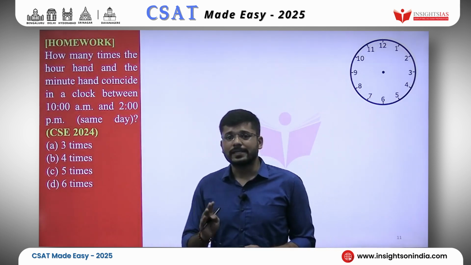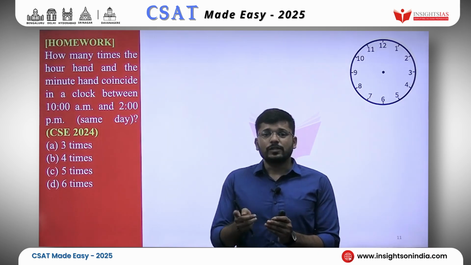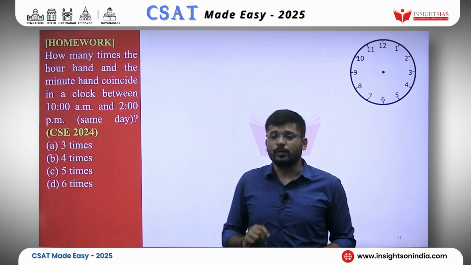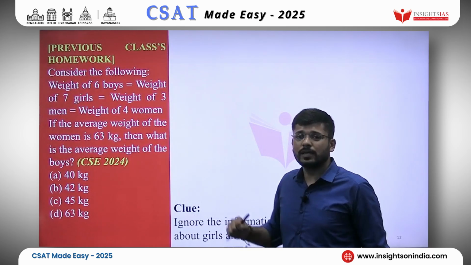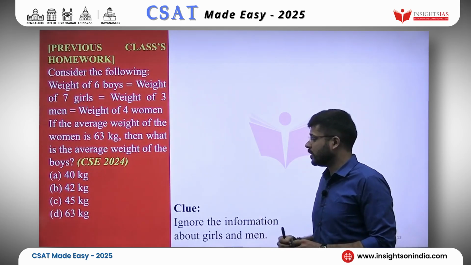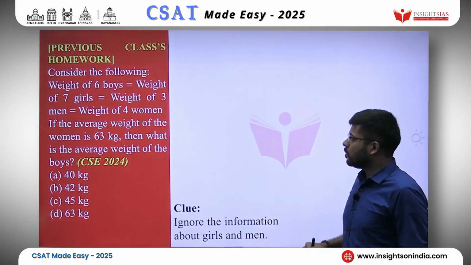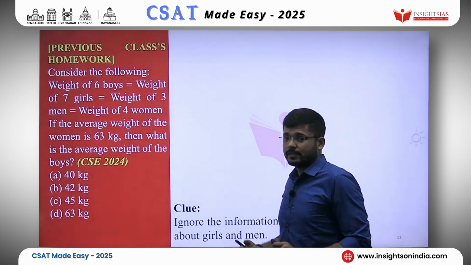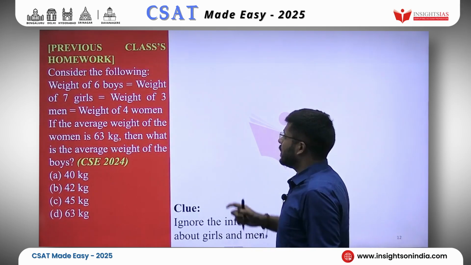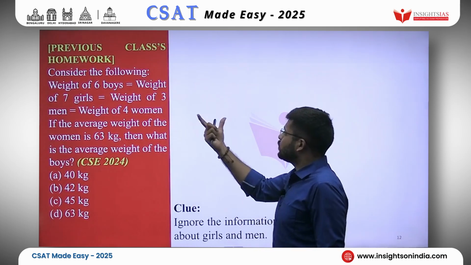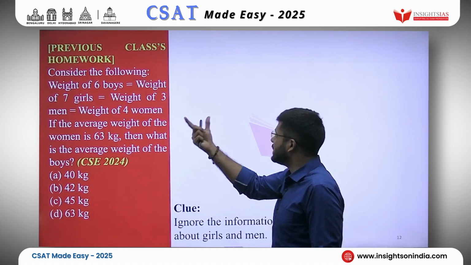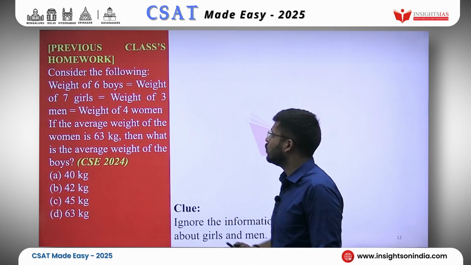And now it's time to discuss the answer of the previous class's homework question. This was the previous class's homework question. This was based on the concept of average. Let's read the question. Consider the following. Weight of 6 boys is equal to weight of 7 girls, which is equal to weight of 3 men, which is equal to weight of 4 women.